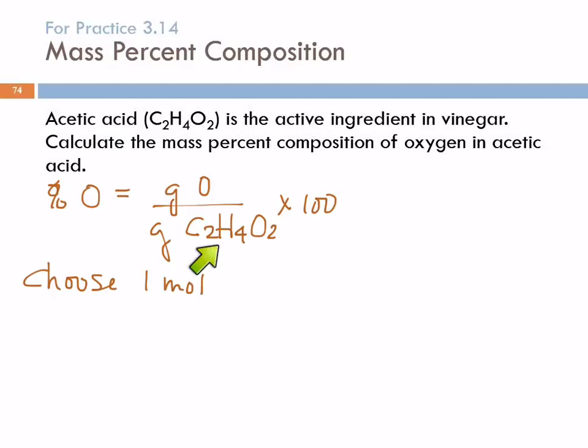I can figure out the mass of 1 mole of acetic acid. I'm just going to use the procedure for finding the molar mass: 2 times the mass of carbon plus 4 times the mass of hydrogen, and 2 times the mass of oxygen.